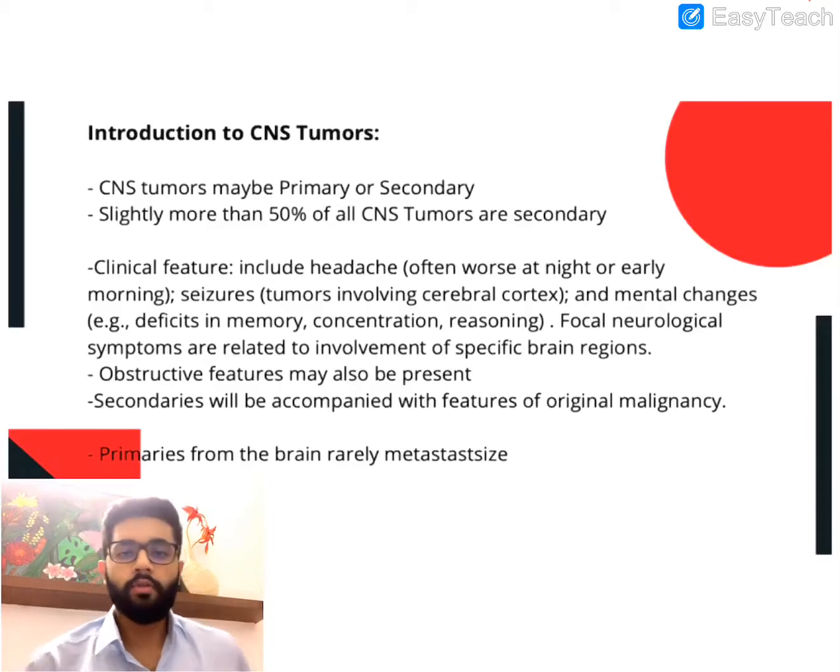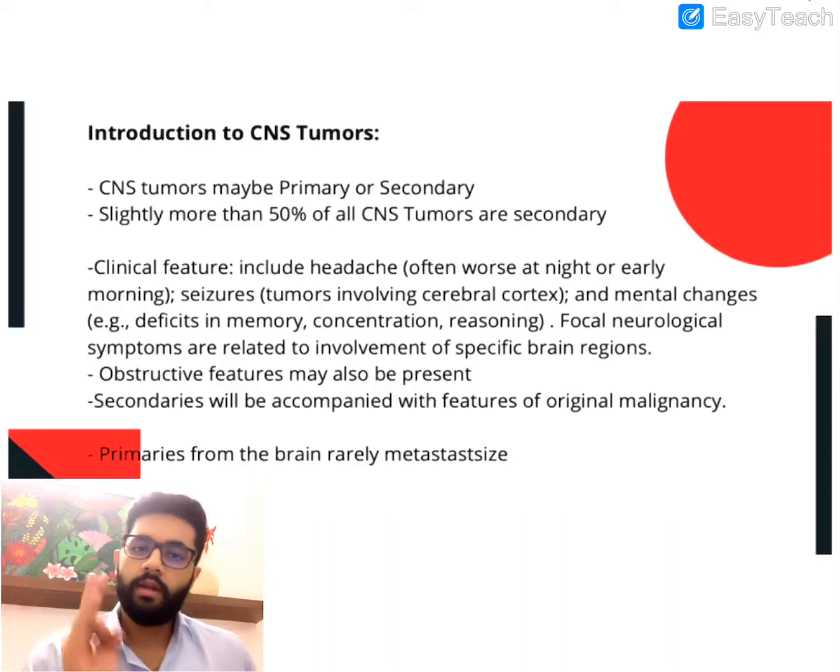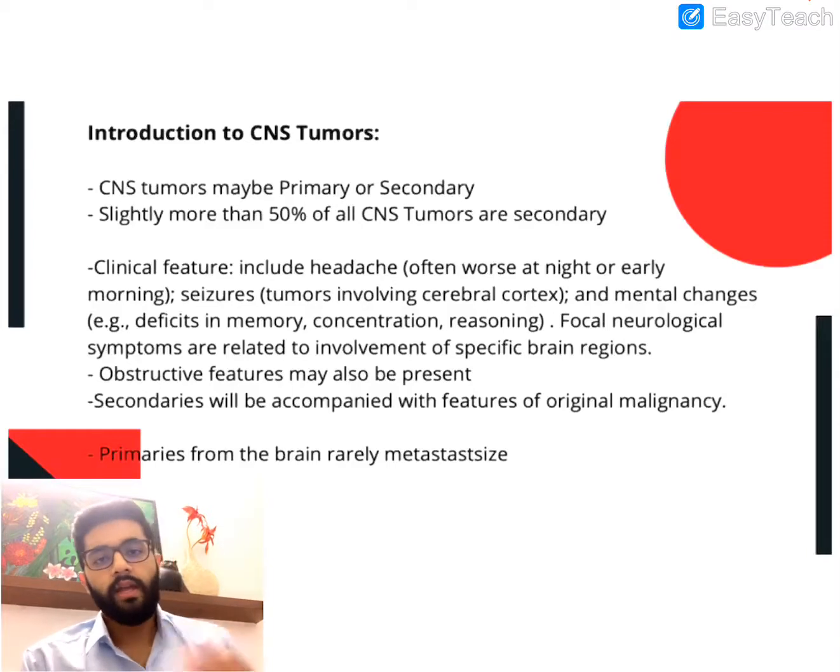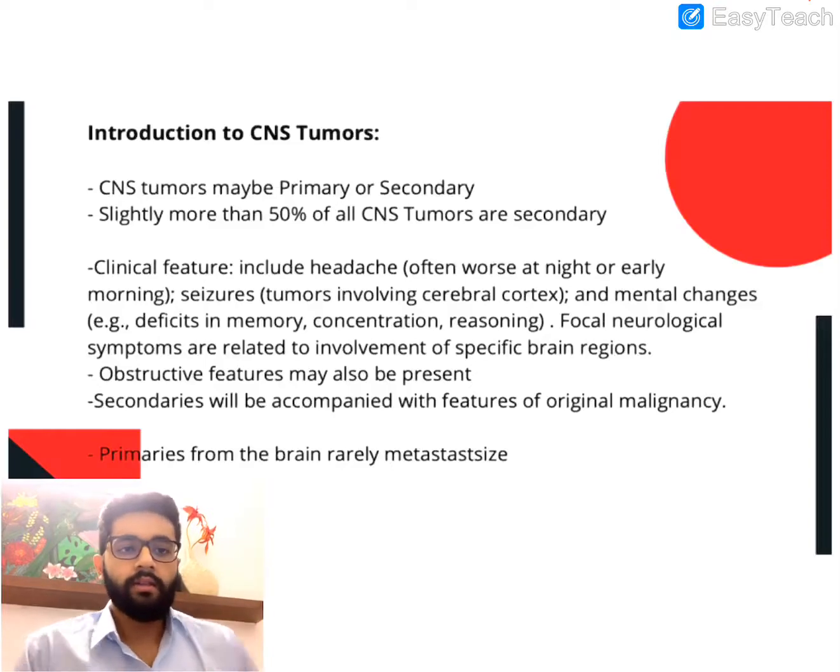So 4 things to remember: headache, seizures, some mental changes or disturbances, and lastly focal neurological deficits. If the CNS tumors obstruct the CSF flow, you could also have features of obstructive hydrocephalus.